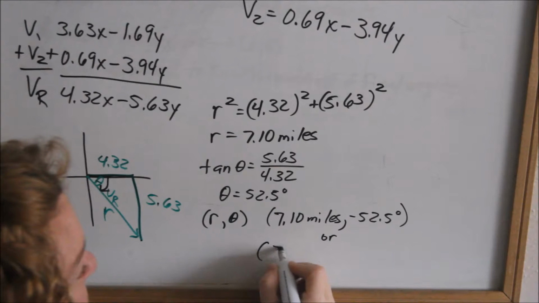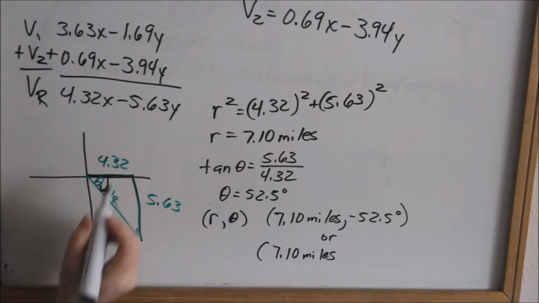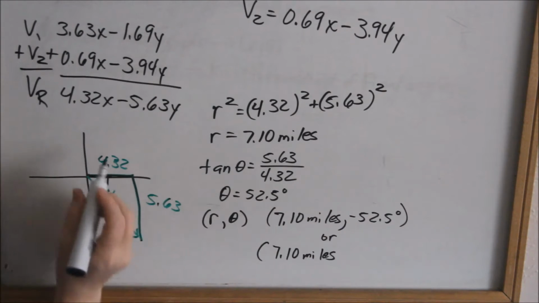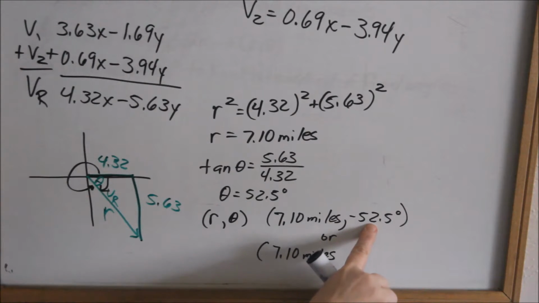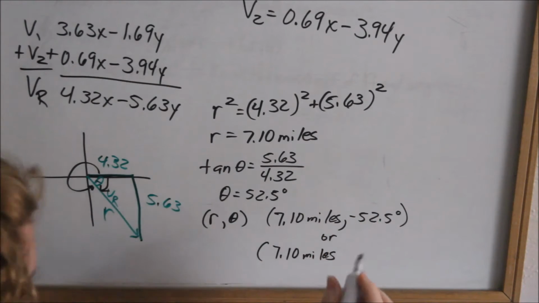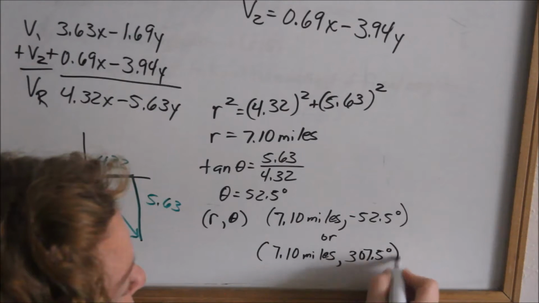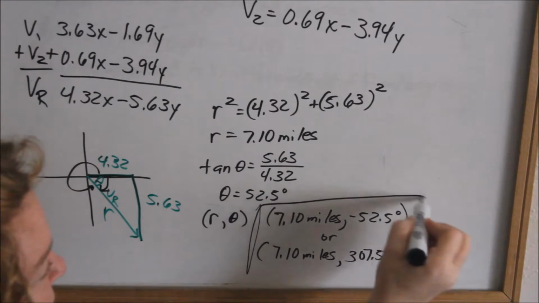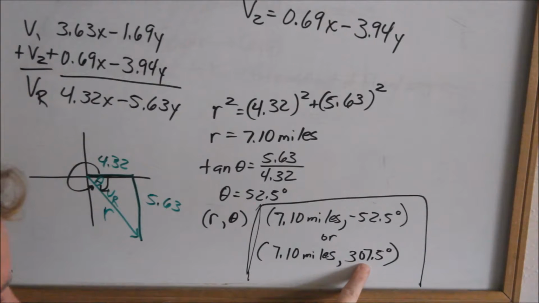Or it can be written as 7.10 miles, and if we want to go the other direction, this was our clockwise direction, starting from 0 and going counterclockwise, we can do 360 minus that, which would come out to 307.5 degrees. So again, our final answers are going to be written in finding r, the hypotenuse, and then the angle, the direction that that vector is going.